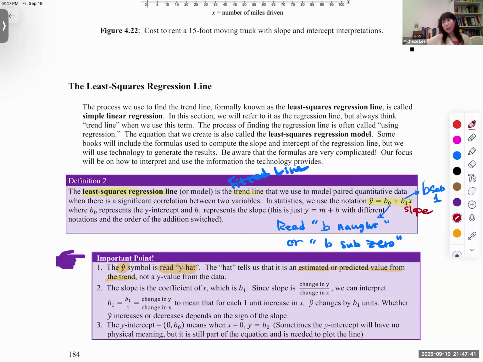Then we can guess b naught, b sub 0. What is that? That is the y-intercept. Good job. This is the y-intercept.